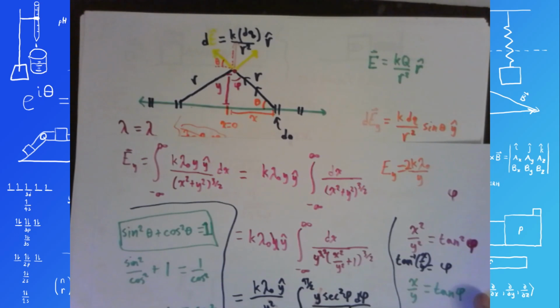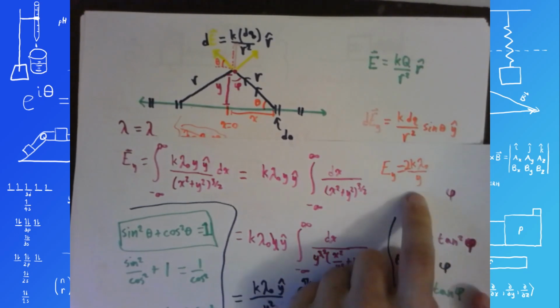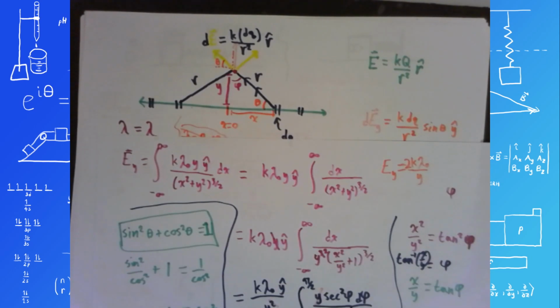Yes. The higher the charge density, the higher the field. Does it make sense that it decreases with distance from the infinite line of charge? Yeah, that also makes sense, because even for the simple point charge, or just common intuition would tell you that the farther away you are from a source of electric field, the less of that field you would feel.